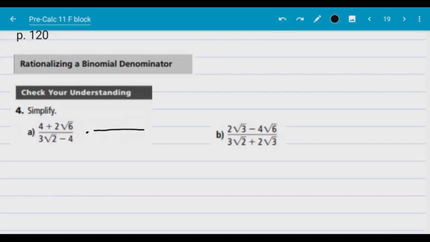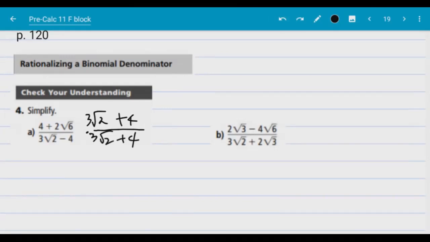So that would be 3 root of 2 plus 4, and same for the top. Why is it 3 root of 2 plus 4? Because they have to have the same two terms as what you have in the original binomial, except that the second term would have opposite signs.